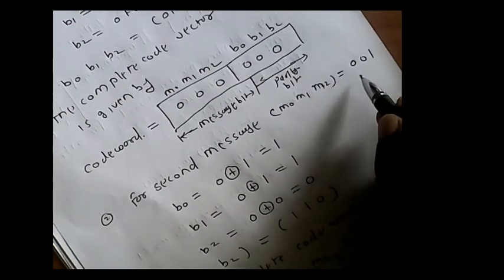So message bit here 0 0 and parity bits come out 1 1 0.